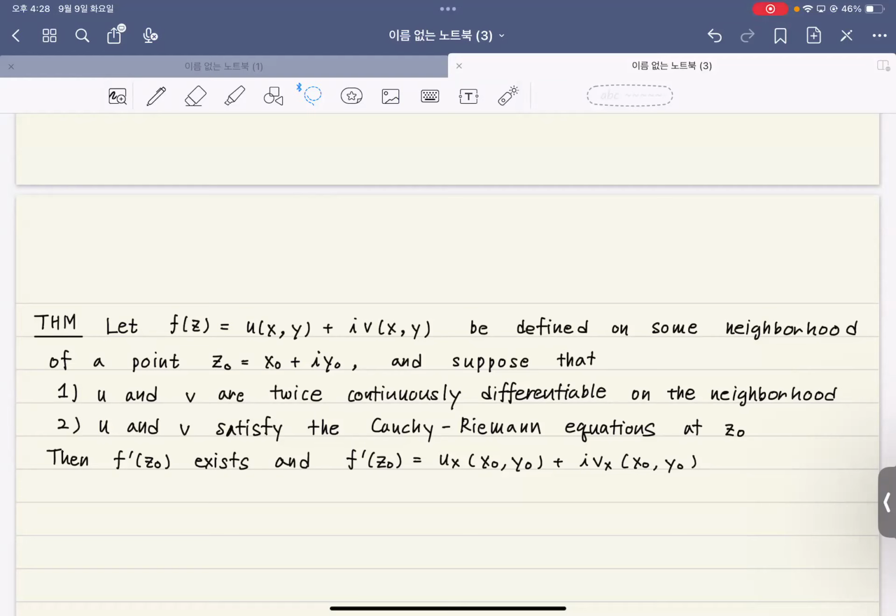Then f prime of z0 exists, and its derivative is, as we expected, u_x plus i times v_x. So basically, I am adding just one more condition: twice continuously differentiable on the neighborhood.